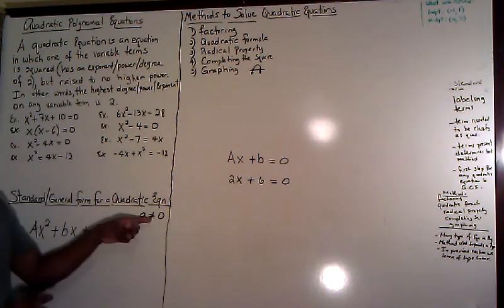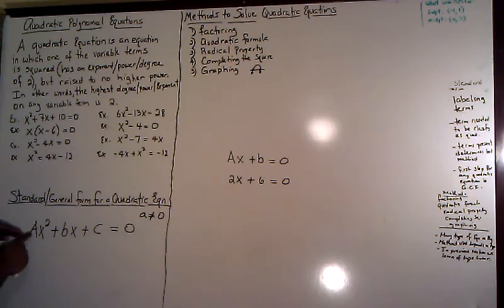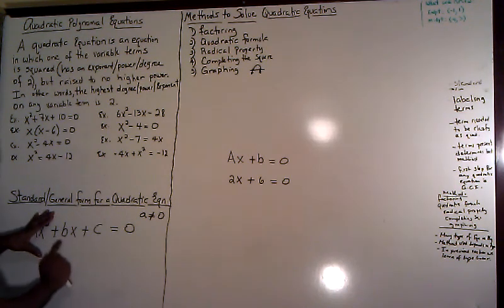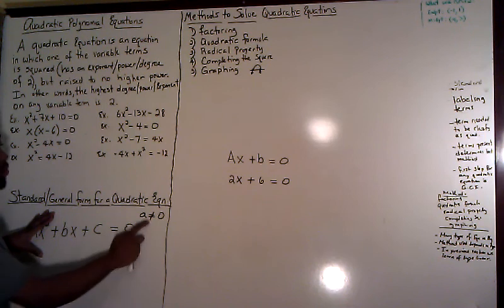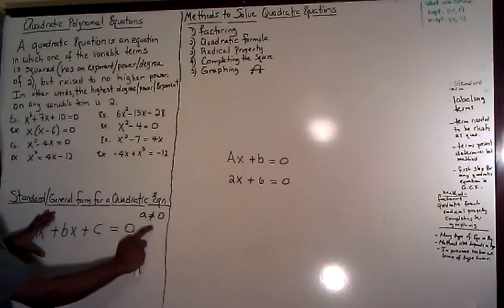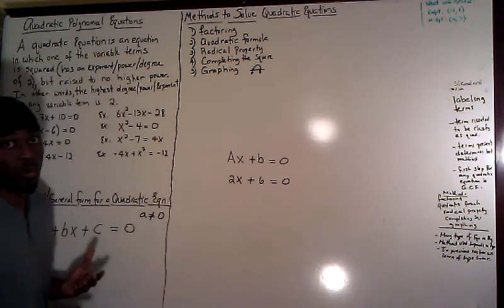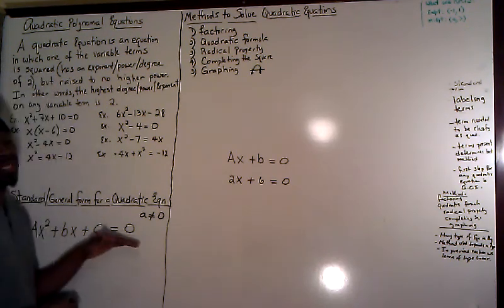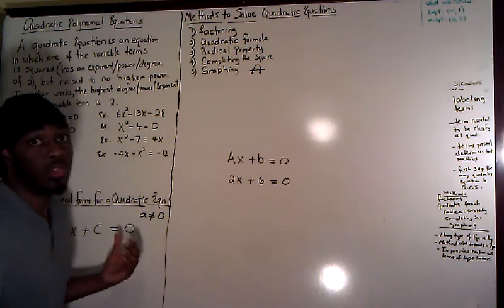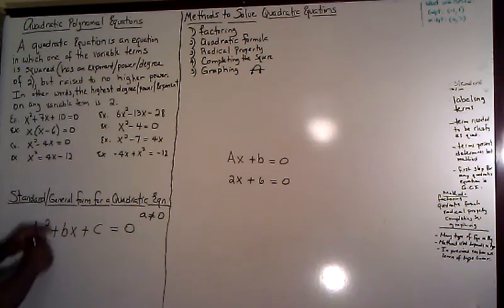All this means is that if a equals 0, then this term essentially is not there, so we would not have a quadratic equation, but a linear equation. So this condition has to be there in order for this term to exist, so that we have what's called a quadratic equation.